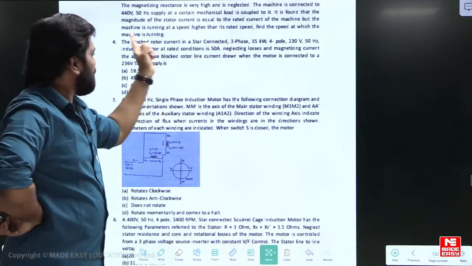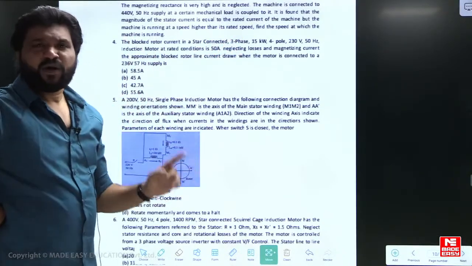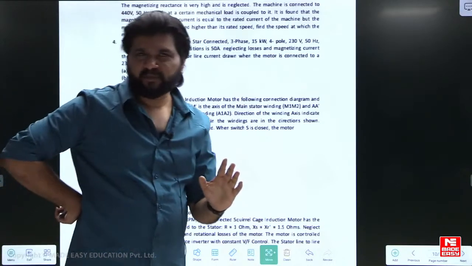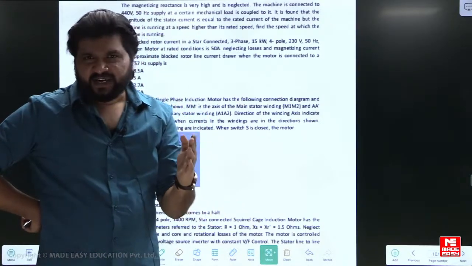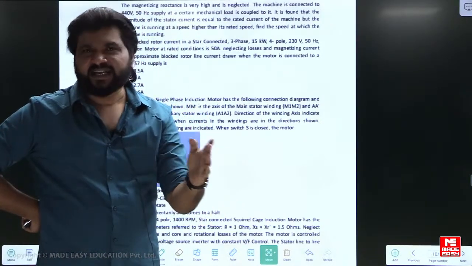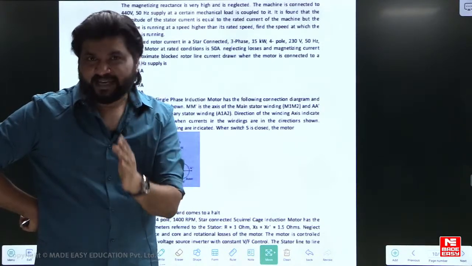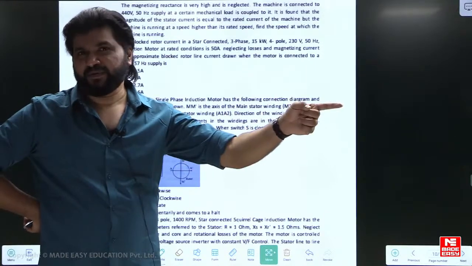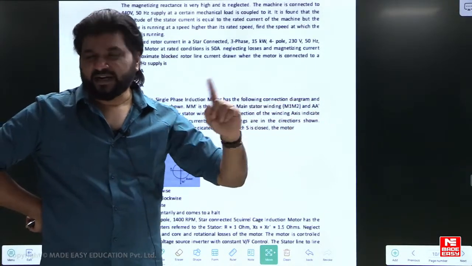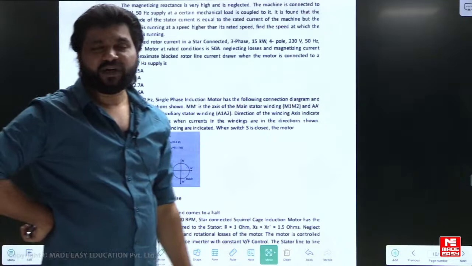Find the speed at which the machine is running. Obviously, previously it is running at a speed lesser than synchronous speed with some current. The current is the same for a new slip, for a new speed. Let us deal with it like this using the equivalent circuit. Easily you can get the answer.